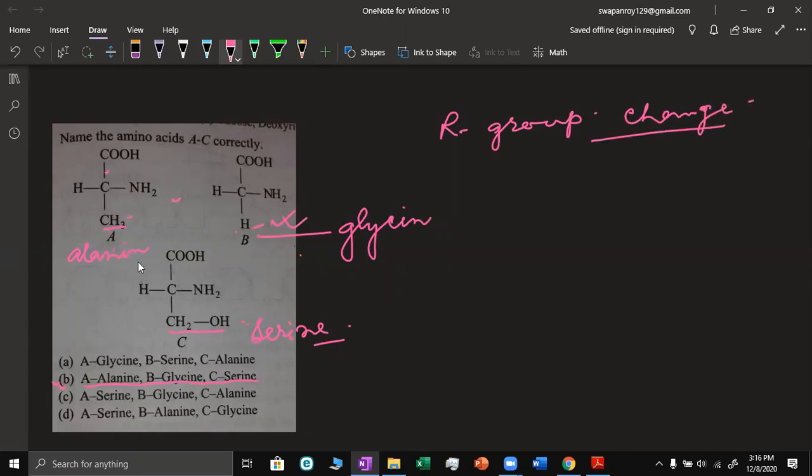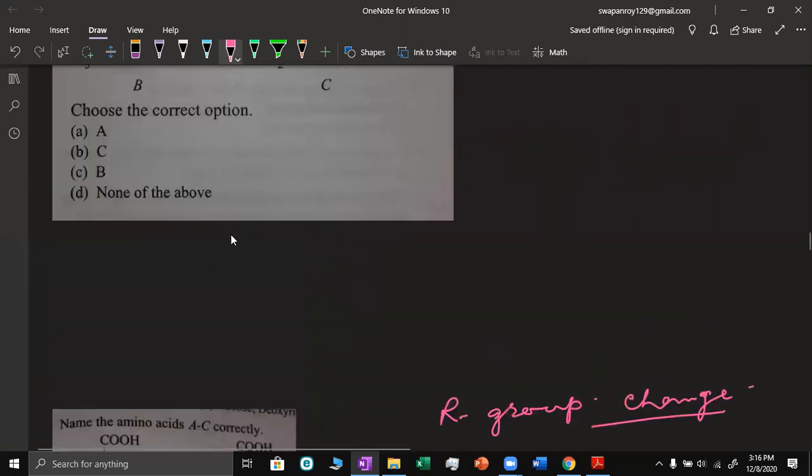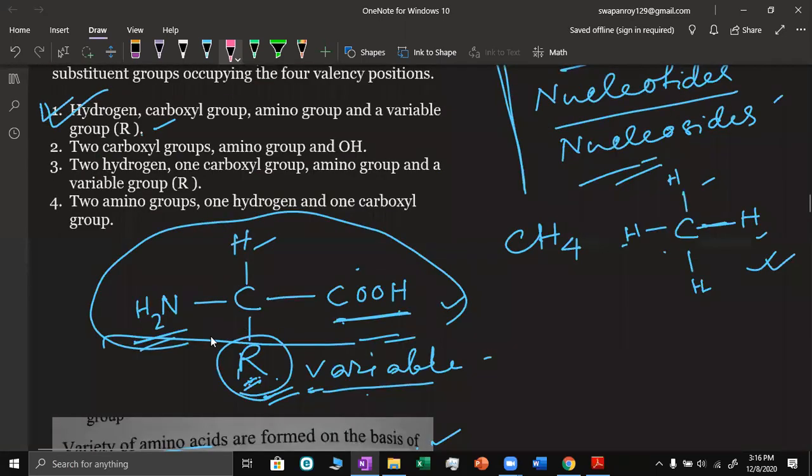Say this one, here come to this structure. This COOH is the carboxylic group. This is acidic in nature, is it? Acidic. This one is basic.